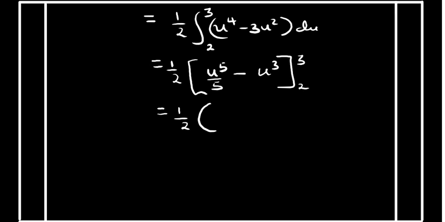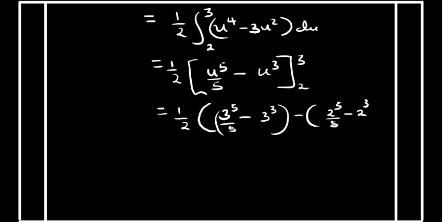Then now you can comfortably substitute your limits so that you now have a half out, curly brackets. This is now 3 power 5 out of 5 minus 3 cubed. All this minus, you now substitute the lower limit, 2 power 5 out of 5, and then minus 2 power 3. So all this, when you press it carefully from your calculator, we can realize that the answer will be 11.6.